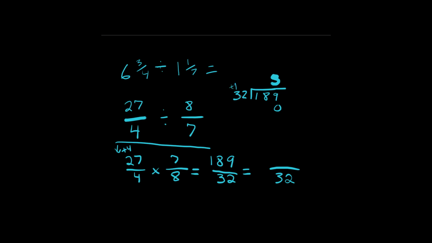Carry the 1. 5 times 3, 15, plus 1 is 16. We're going to go ahead and subtract. We get a 9, and we get a 2. So we're going to have a remainder of 29. So our answer is going to be the whole number 5, remainder 29, divisor 32. So there's our final answer.